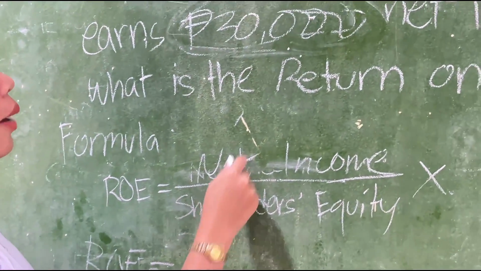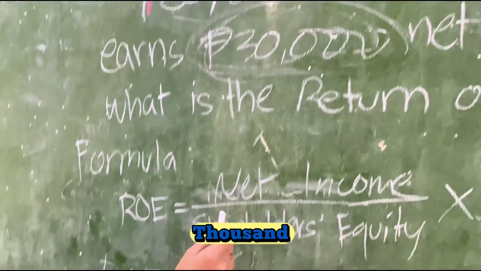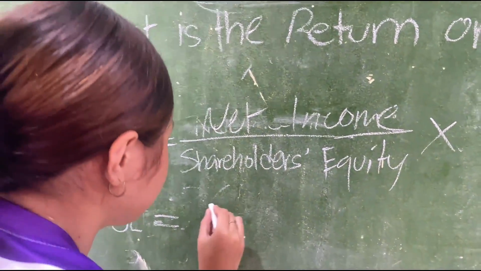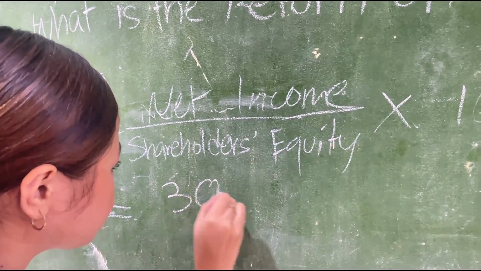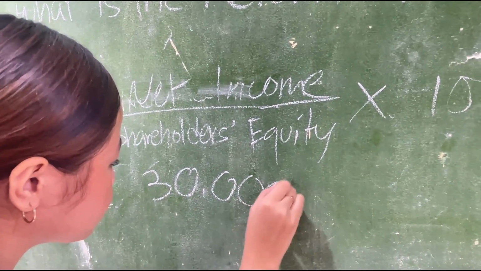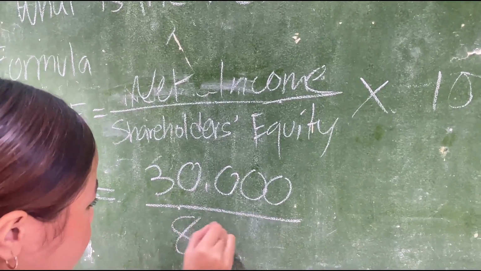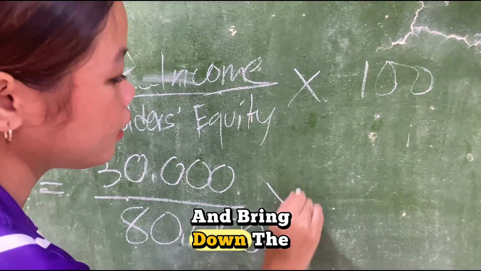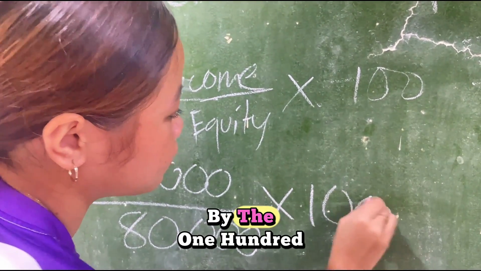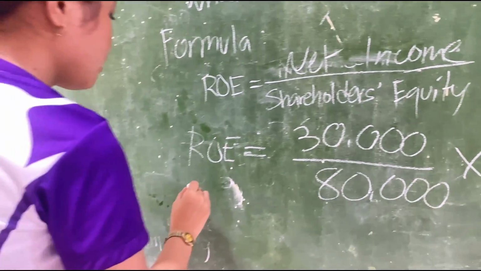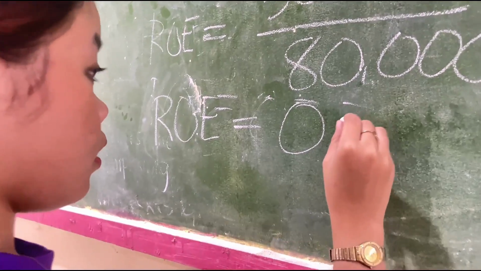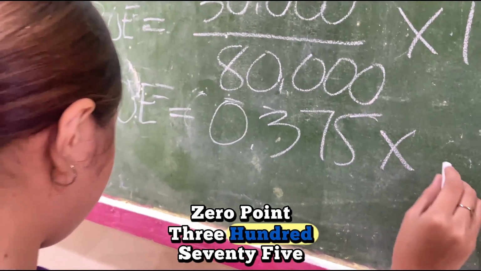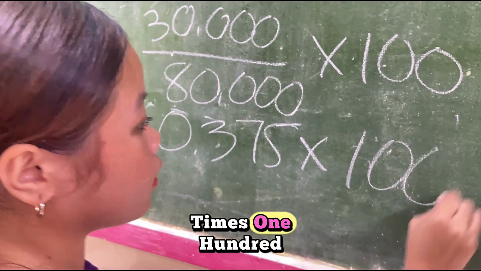Okay, let's solve. The net income is 30,000 and the shareholders' equity is 80,000. So 30,000 all over 80,000, and bring down the multiply by 100. 30,000 all over 80,000 is equivalent to 0.375 times 100.